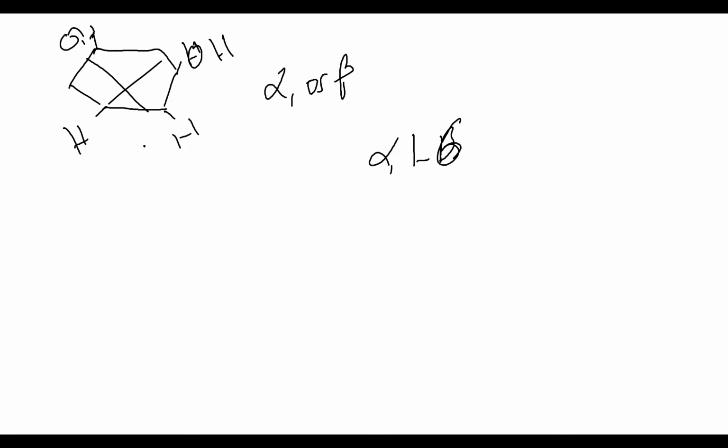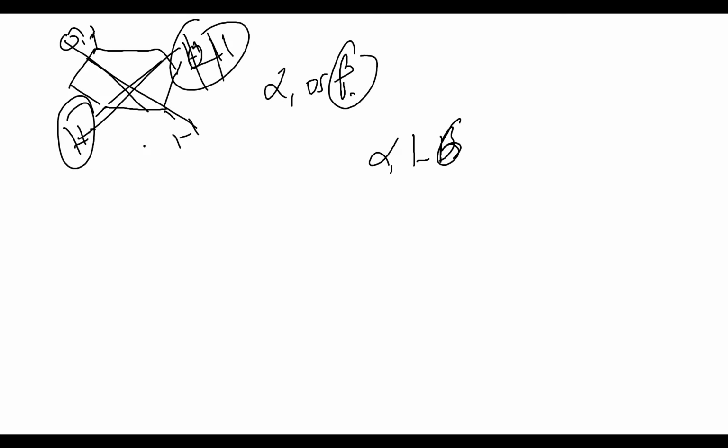We start from the aldehyde group and we see if they are in different directions, which means they are beta. If hydroxyl and hydrogen are in the same direction, this is alpha. Beta is different, alpha is the same.